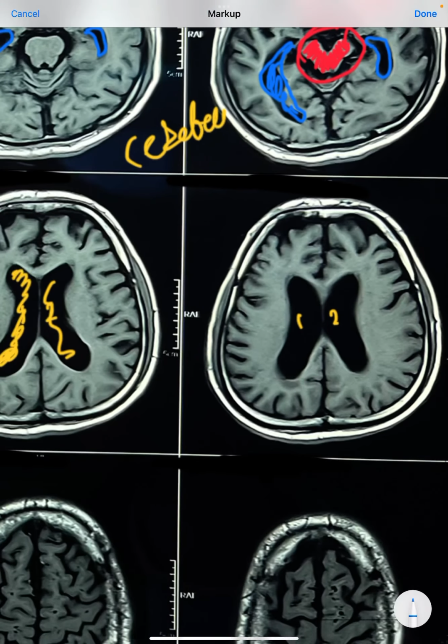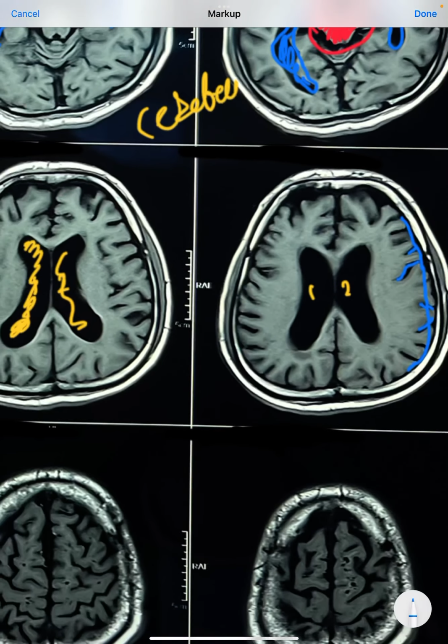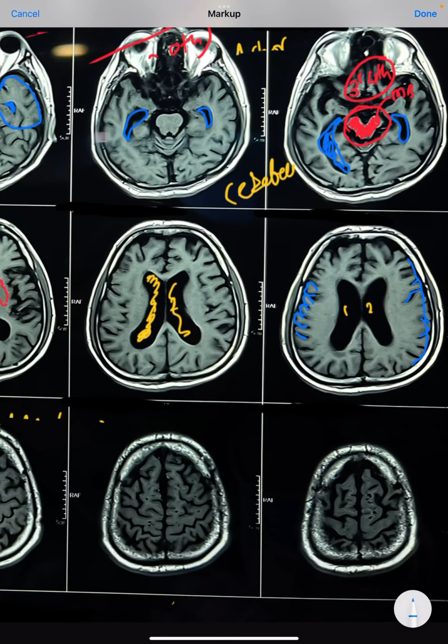We can crystal clearly see the sulci are so much prominent. The brain should have come up to this, but no, the sulci are so much prominent. The gyri are also very much prominent because there is extensive damage to the cerebral material or brain material.